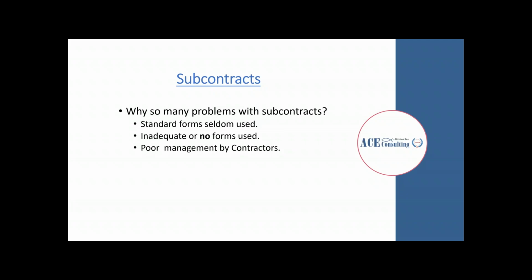Why can there be so many problems with subcontracts? Often standard forms are ignored and not used. Sometimes there are inadequate or no forms used by subcontractors and suppliers. Ultimately, it is an issue of poor management by contractors.